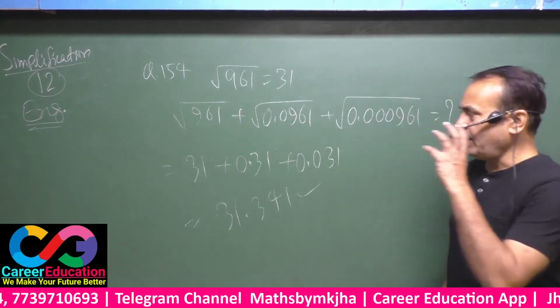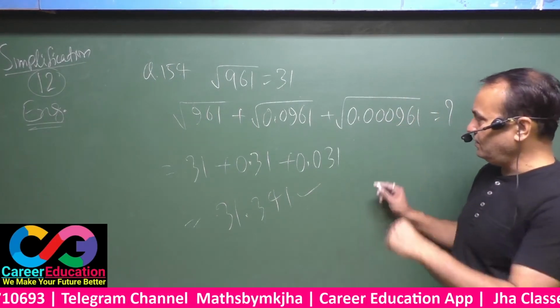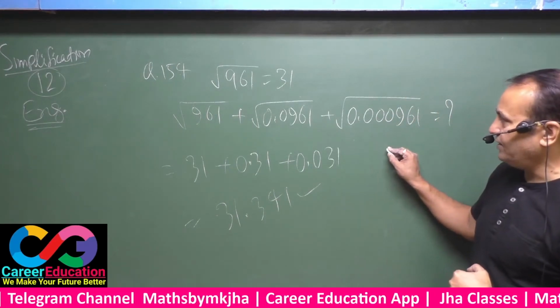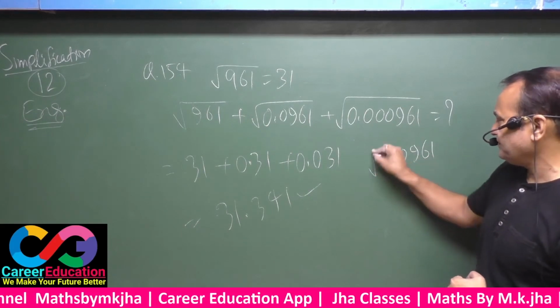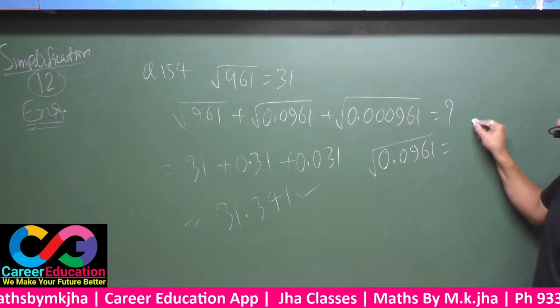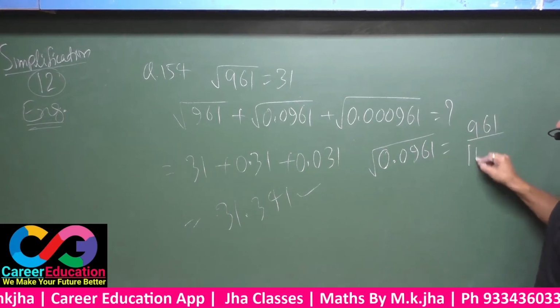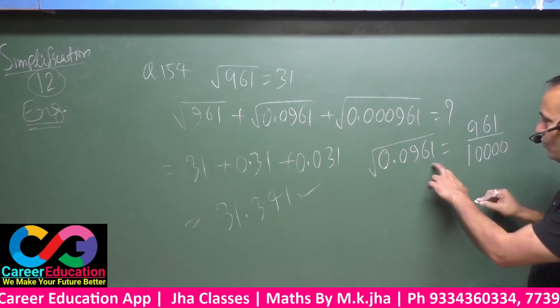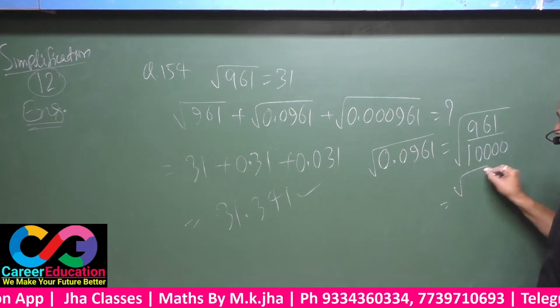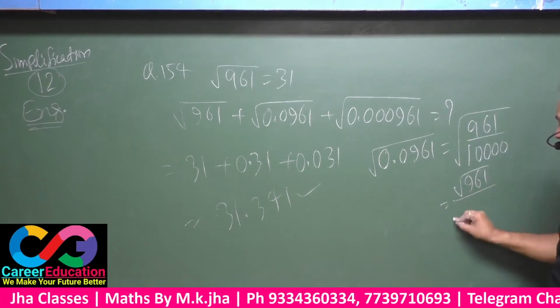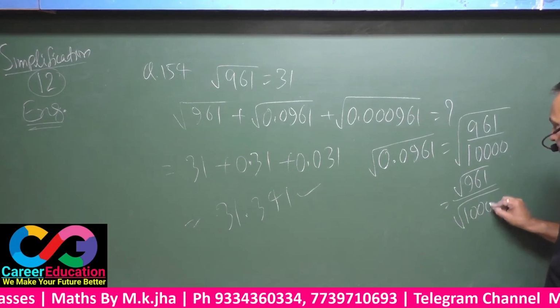See the details here as well. If this is like this, certainly this will be written as 961 by 1 with 4 zeros, 1, 2, 3, 4, under root. That means again this is the square root of 961.